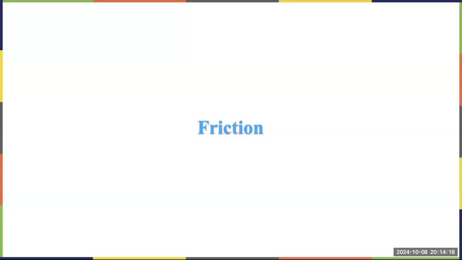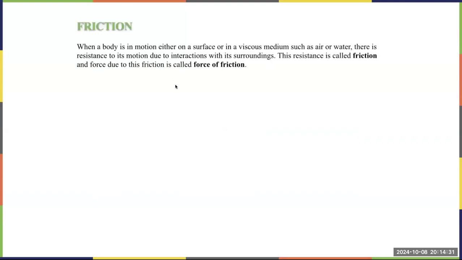And the next slide is about friction, right? Once we know the equilibrium, the next topic is friction. What is friction? When the body is in motion, there is friction. Is friction important? Friction is kind of like a negative force.